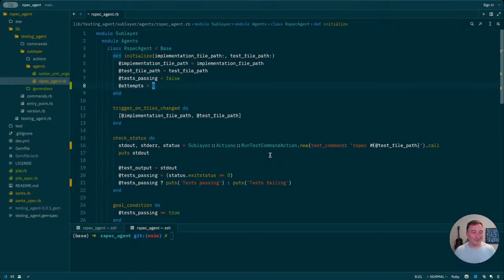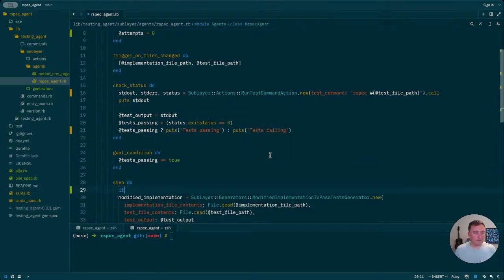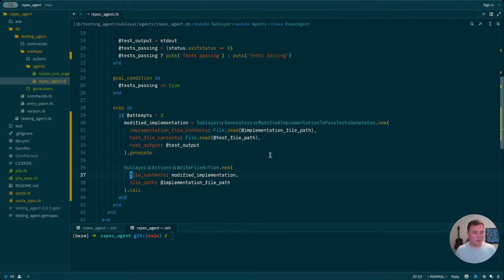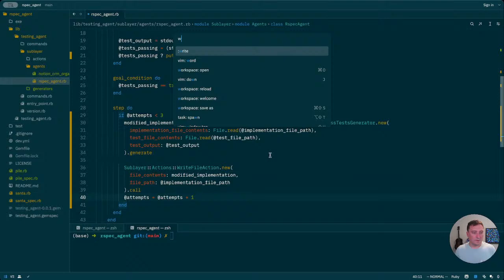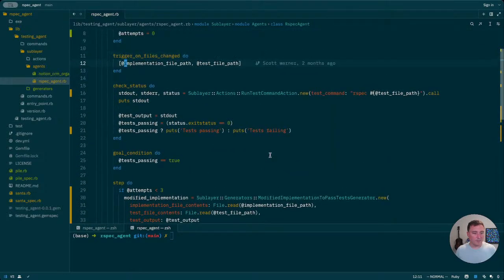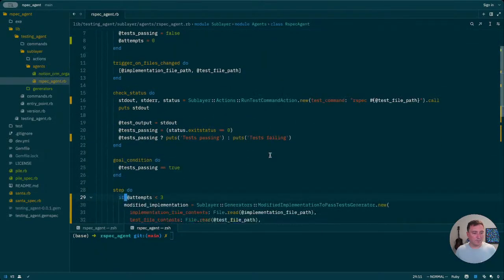So attempts equals 0, and if attempts less than 3, do this, and attempts equals attempts plus 1. Save that, and 0, 1, and 2, right?